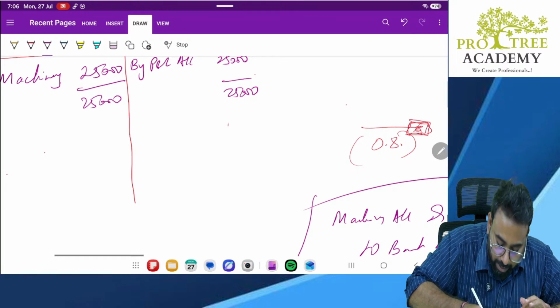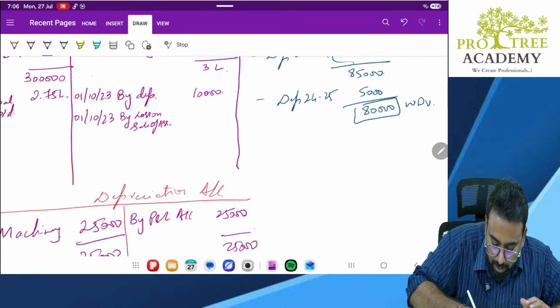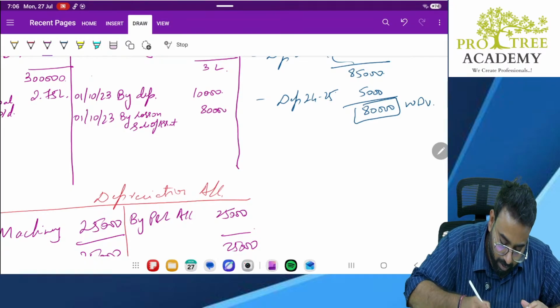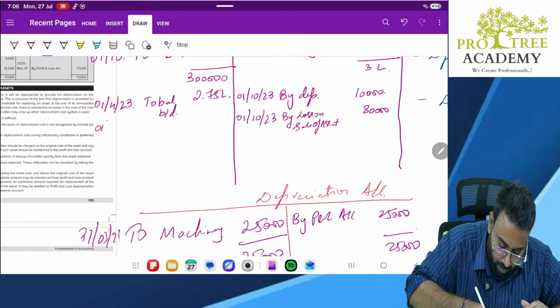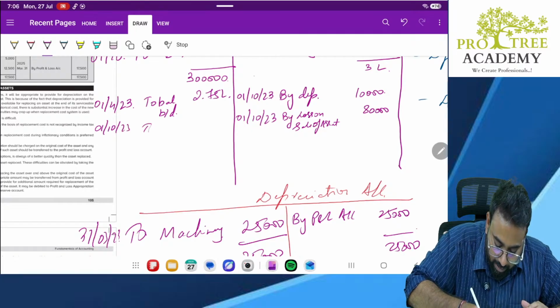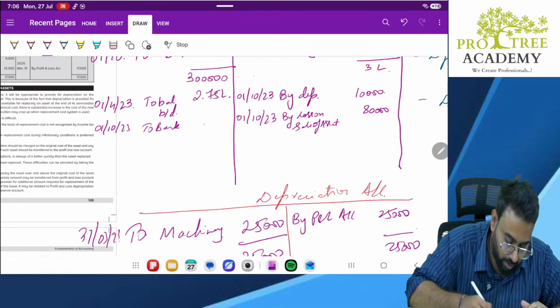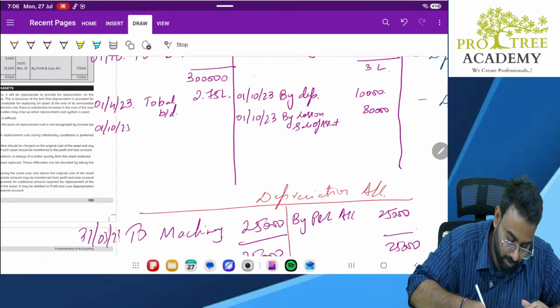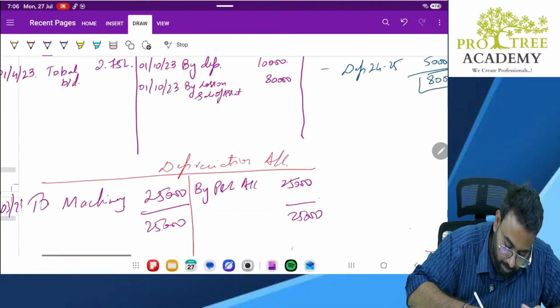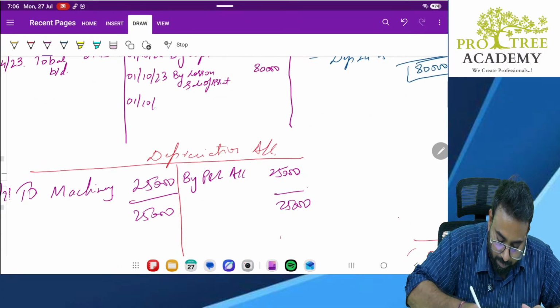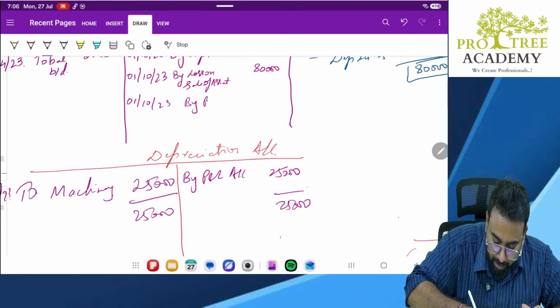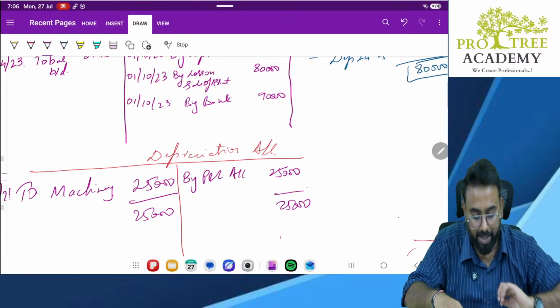So what is the entry we can pass here? By loss on sale of asset. How much is the loss? 80,000. Then here, sorry, not to bank. My mistake. Both are debit, no? By bank 90,000.